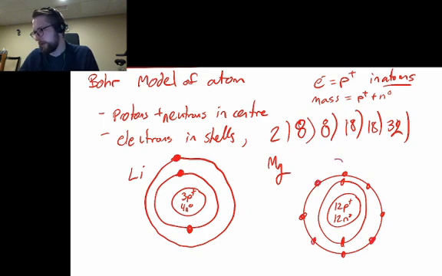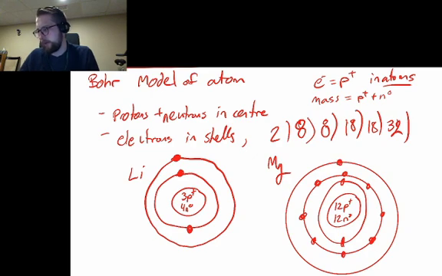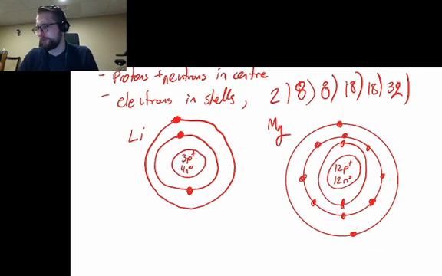So that's 10, and we have 10 electrons so far. Then we put 11 and 12. So that's our magnesium Bohr model.